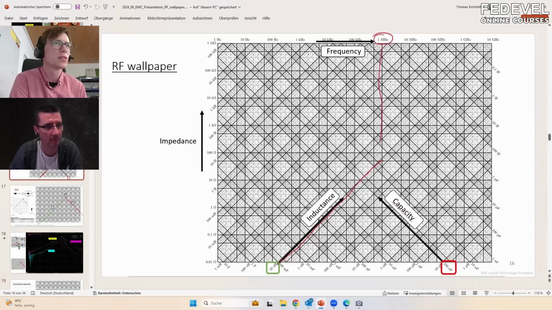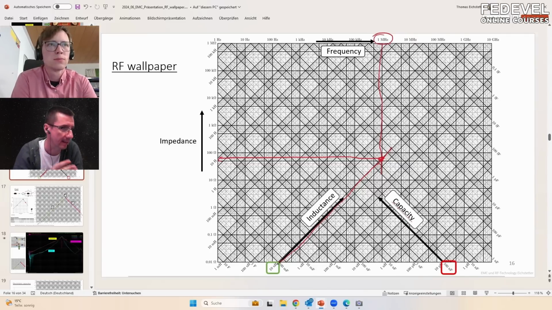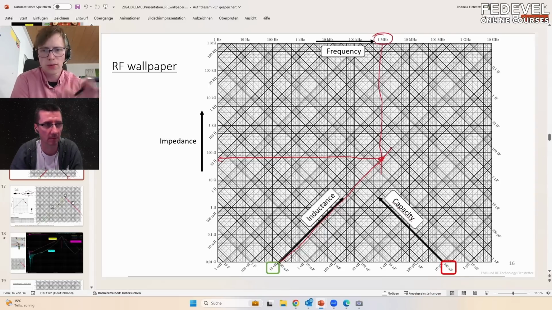You go down, and at the point where you hit the 10 microhenry line, you can then go to the left side and read the value. So 10 microhenry at 1 megahertz will have, I don't know, 50 ohms? Yeah, exactly, a little bit more. It's about 60 to 70. And in EMC, it's actually not so important to have accurate values here.